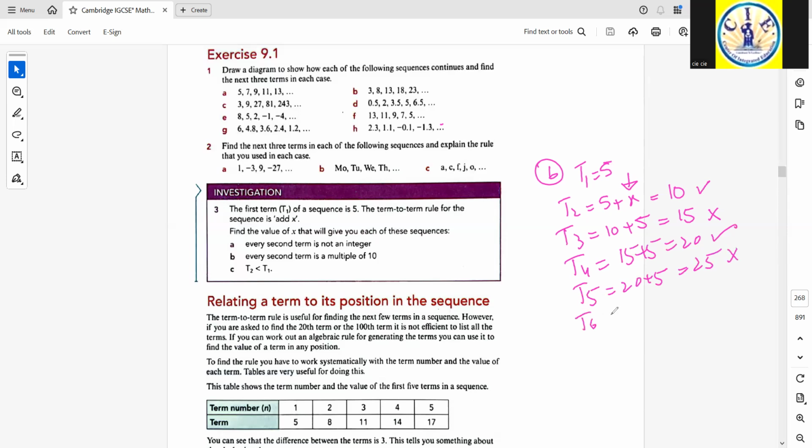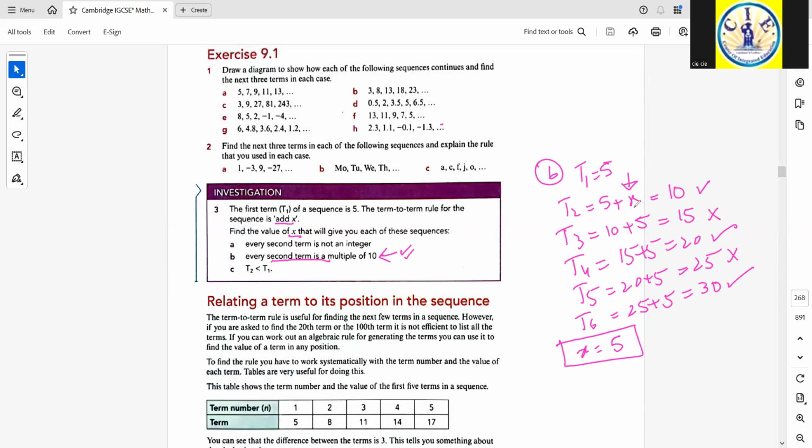But the next term, that is 25 plus 5, is 30. That becomes a multiple of 10. So what should be the value of x then? That is 5. So x should be 5. That means you need to think about what should be added so that this condition can be fulfilled.